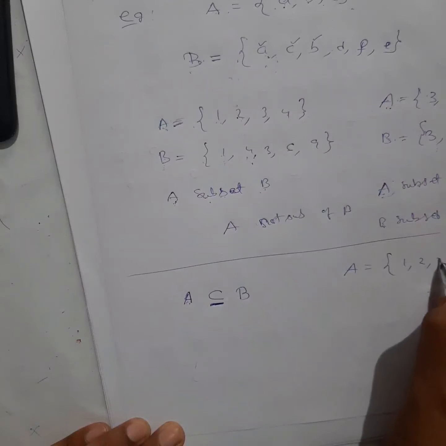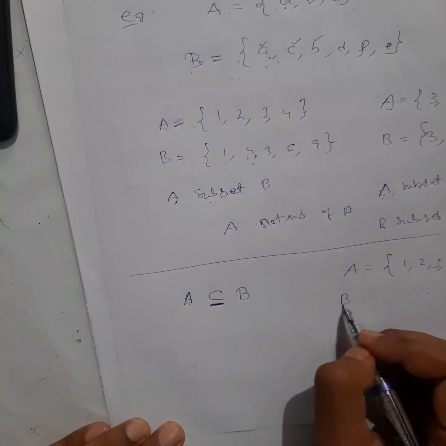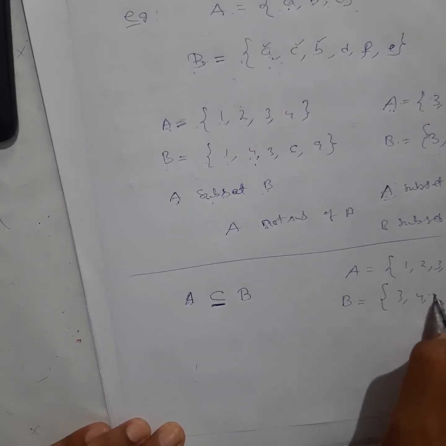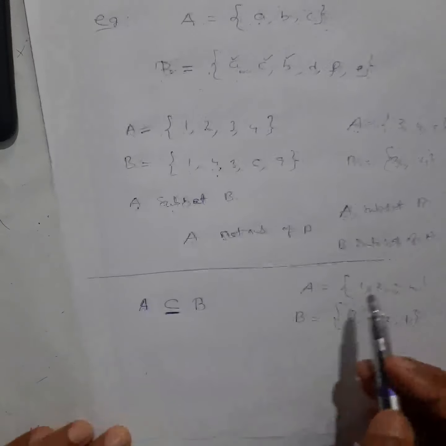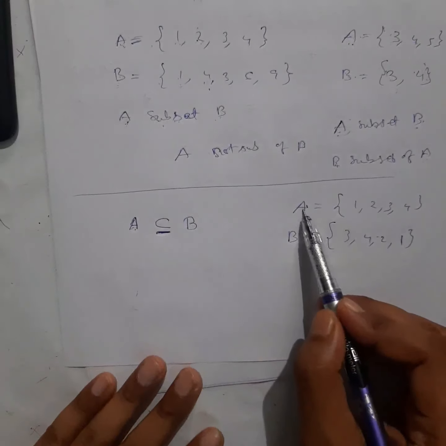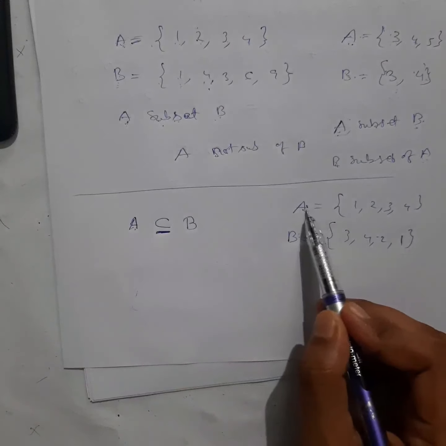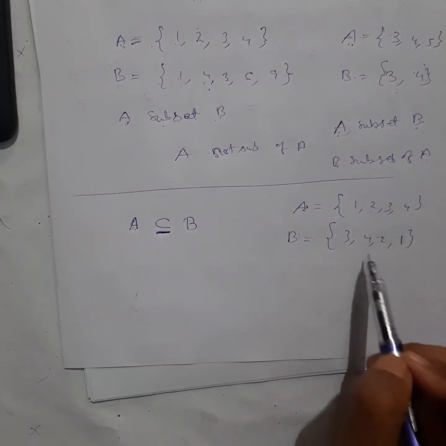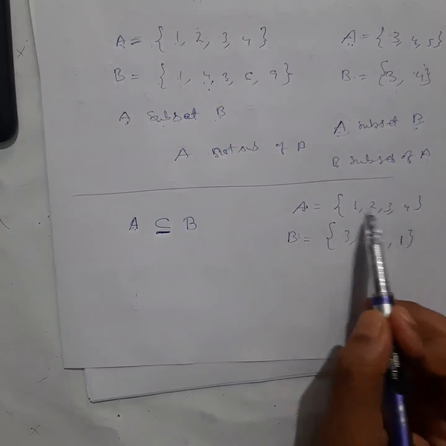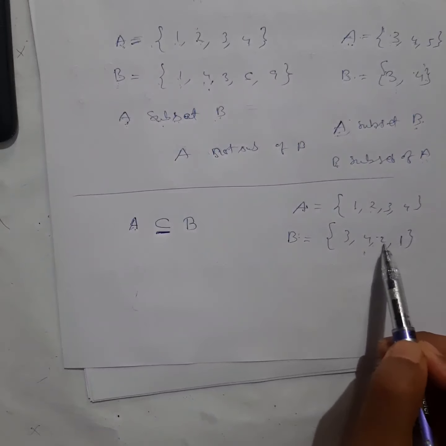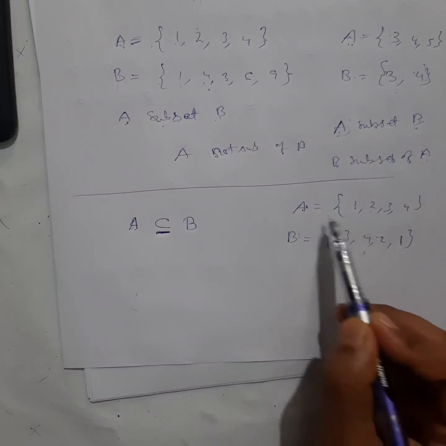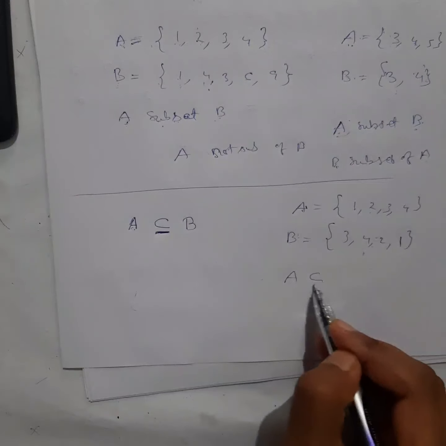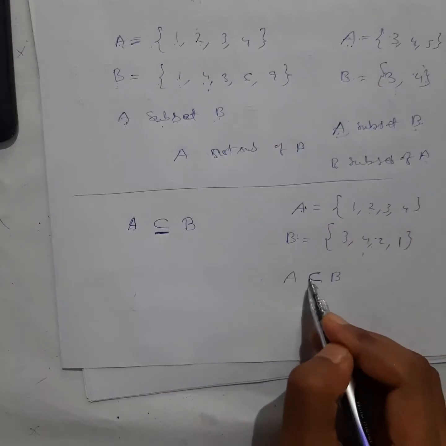Suppose A is 1, 2, 3, 4, and you have set B as 3, 4, 2, 1. Now is A a subset of B or not? To check, I have to check whether every element here is contained here or not. Are 1, 2, 3, 4 here or not? You check. It's there, right? So A is a subset of B. This is the symbol, okay?